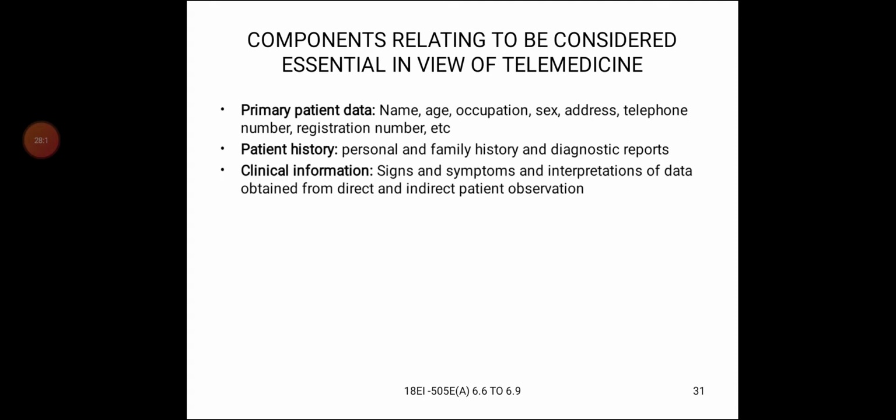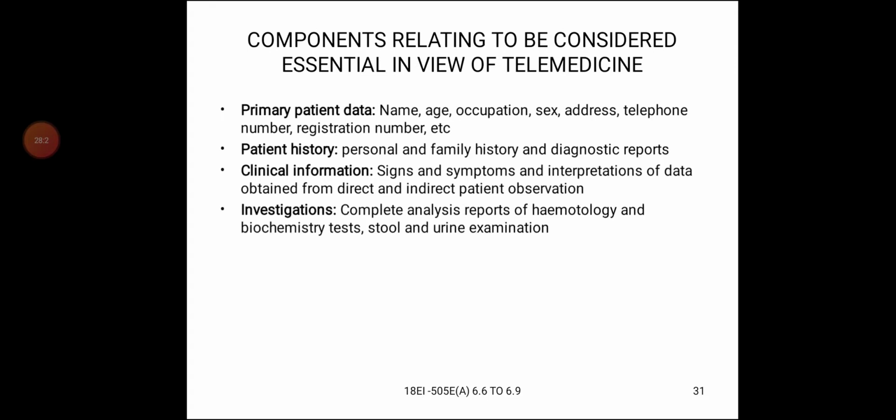Clinical information, signs and symptoms, and interpretations of data obtained from direct and indirect patient observation. Investigations, complete analysis reports of hematology. Hematology is a blood sample investigation, blood samples, blood related organs, and biochemistry tests, that is stool and urine examination.